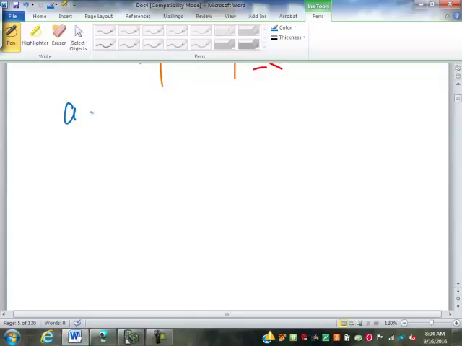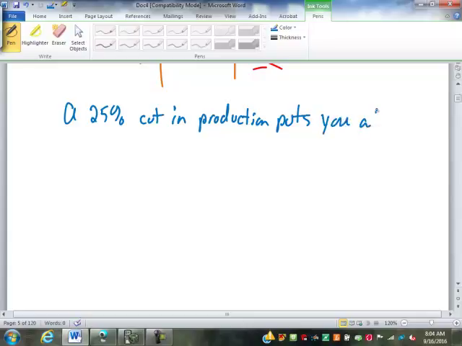Let's say a 25% cut in production puts you at 860 parts per hour.